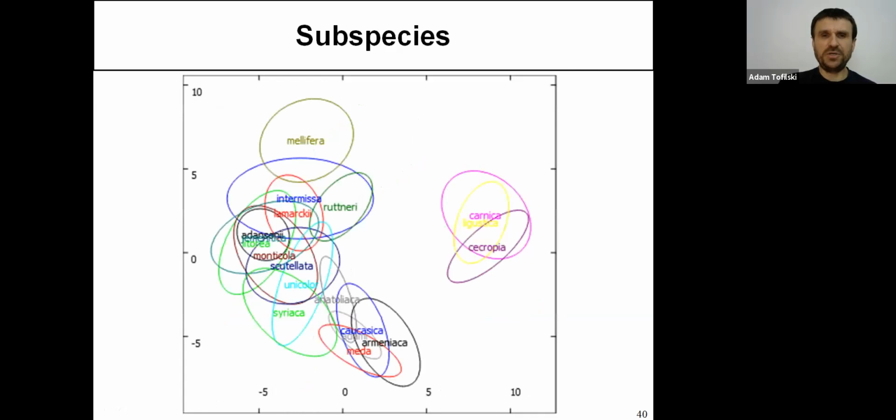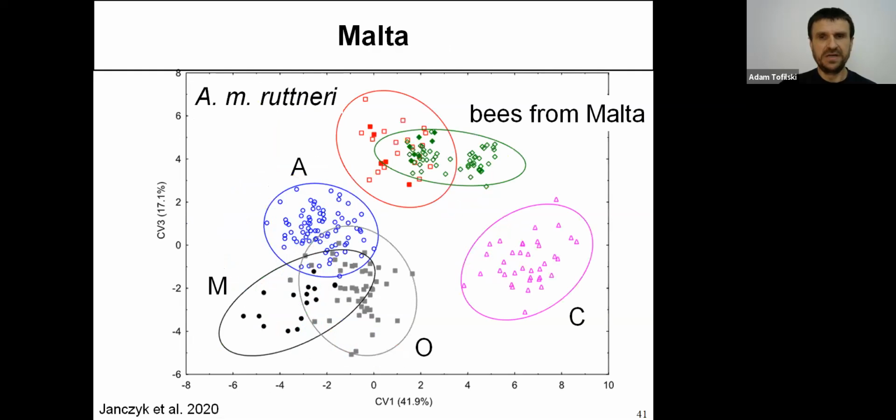In case of subspecies, you can also choose subspecies in Identify, but then you have lots of subspecies, and some of them, like Ruttneri, for example, are defined by only 5 colonies, which is definitely not enough. So you can use it, but it's much safer to use lineages, which is based on a better reference sample.